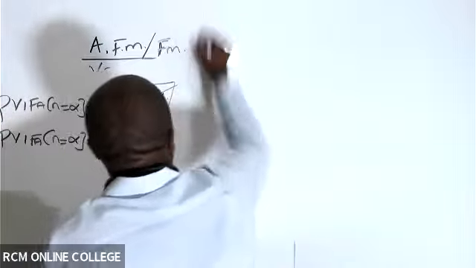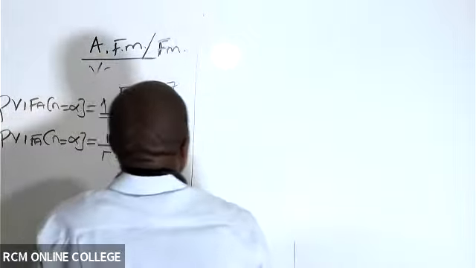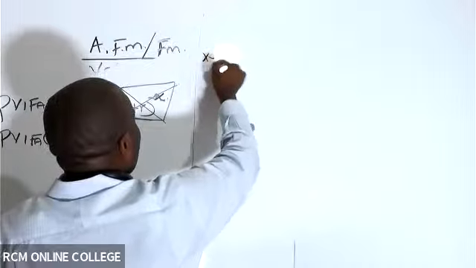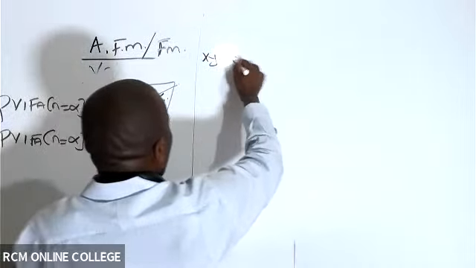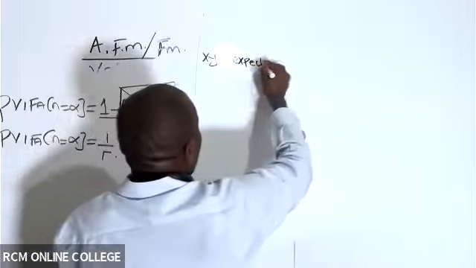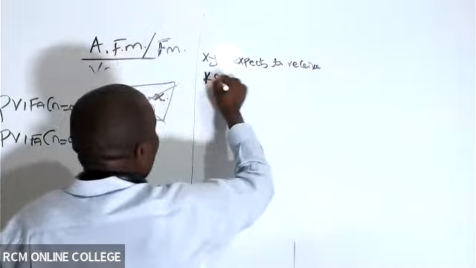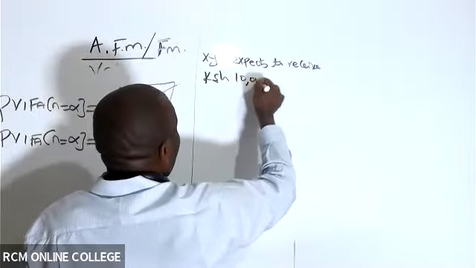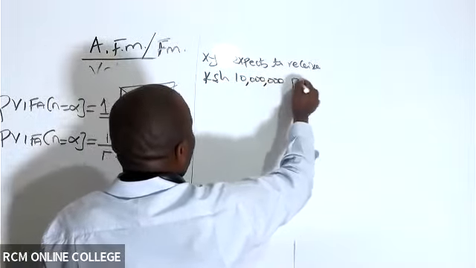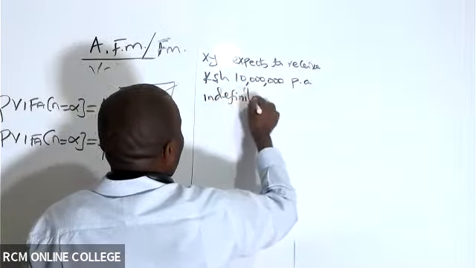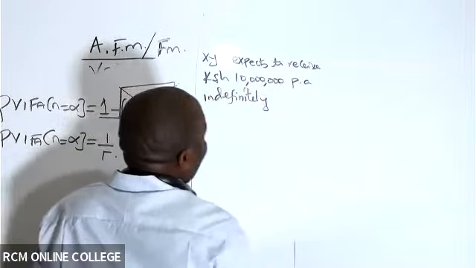So then, what if somebody tells you that we have XYZ, as an illustration, expects to receive Kenya shillings 10 million per annum indefinitely. All right.